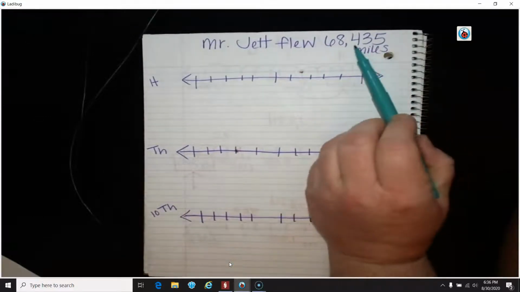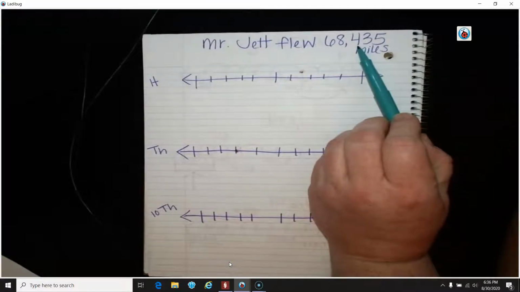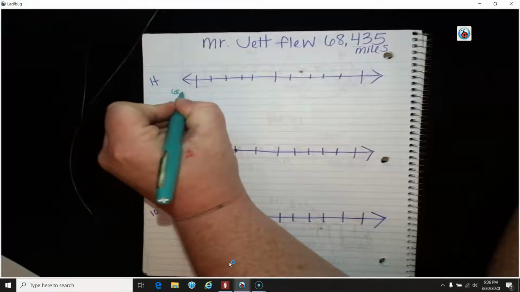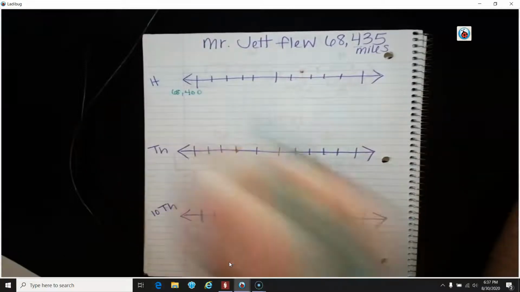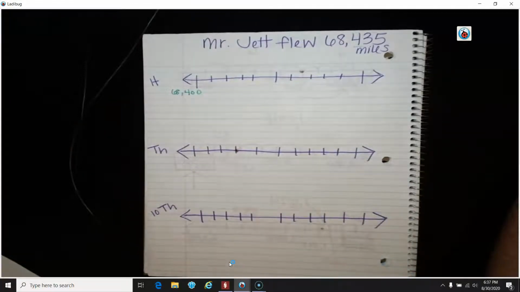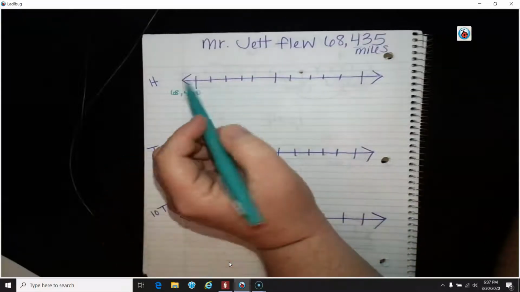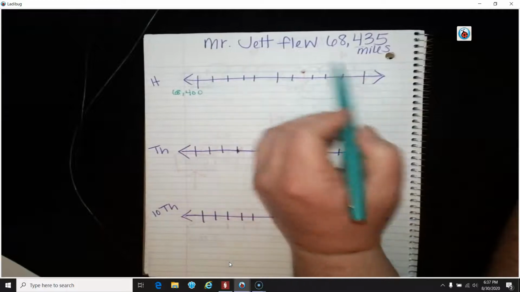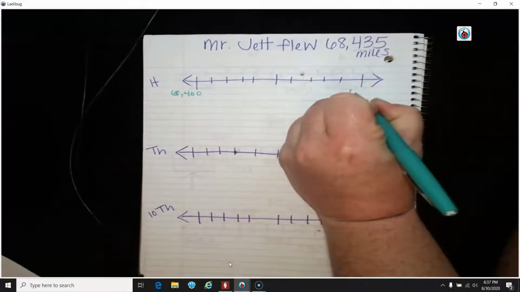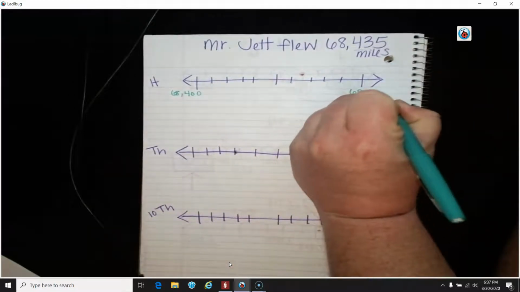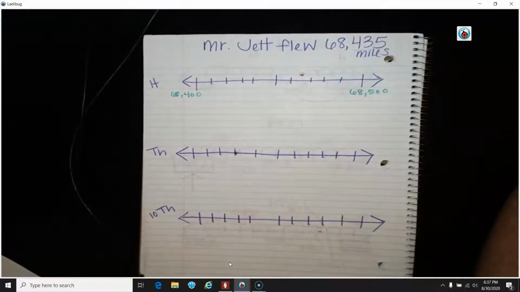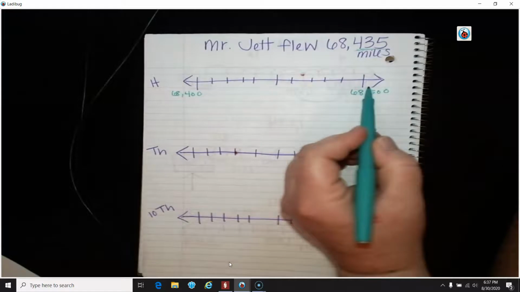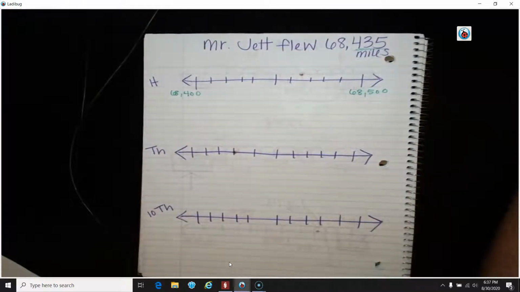So I'm going to start my number line with this 100. I'm going to make this point 68,400. Now if this number line is covering 100 units, when I go up 100 from this, I would be at 68,500. So if I'm rounding to the nearest 100, this number is somewhere in between these two hundreds.